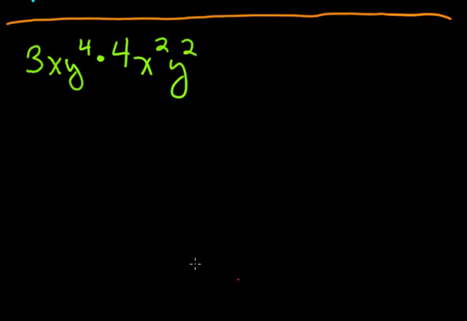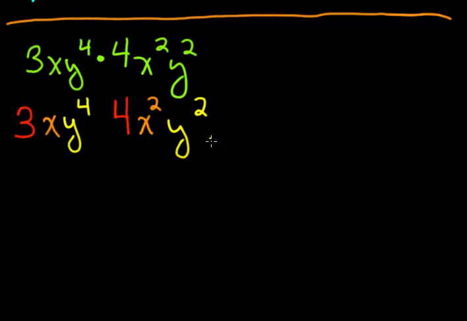Well, the first thing I'm going to do is take the different parts of this and give them different colors. So all the coefficients I'm going to make red. X's I'm going to make this orangish color. And Y's I'm going to make yellow. No particular reason for the colors, just want to visually separate them.